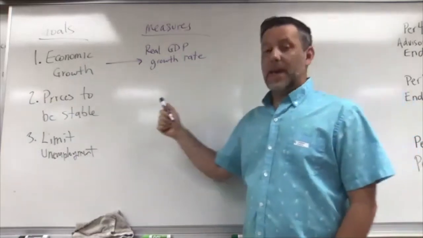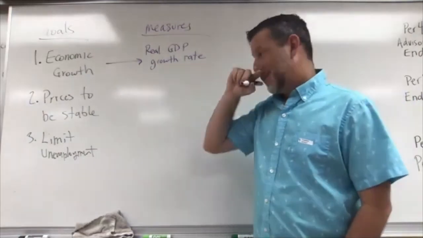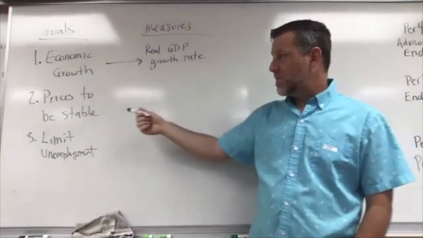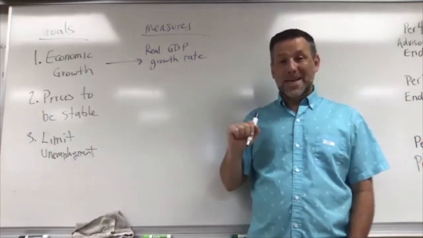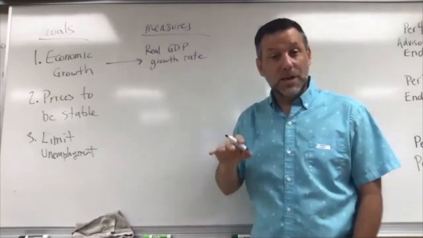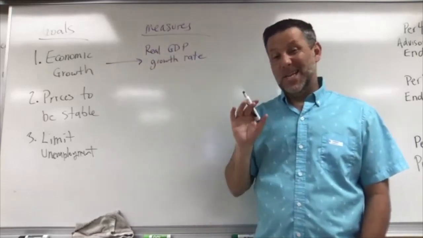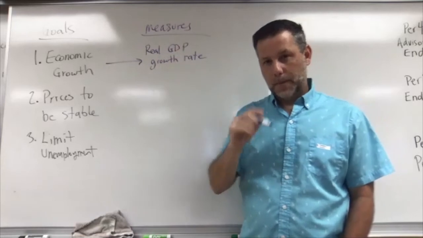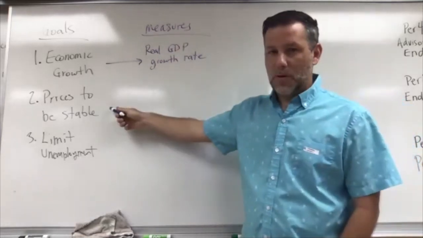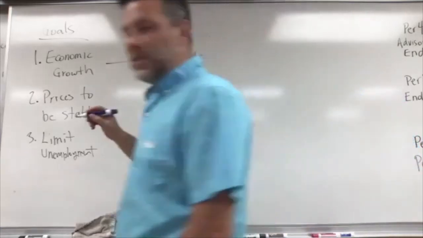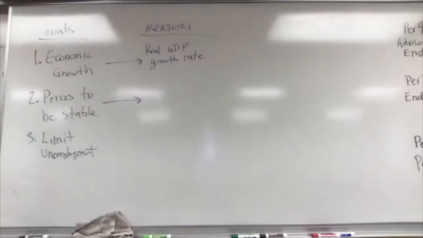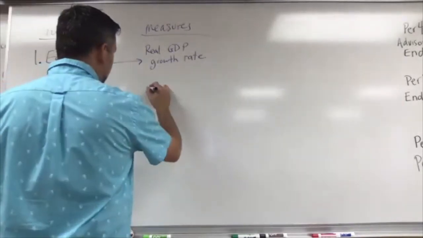The second thing we're going to use to measure our second goal, whether prices are stable, and also remember that the real in real GDP means that it's been adjusted for inflation. The second thing that I want to measure is whether my prices are stable. And to measure if prices are stable, we're going to use the inflation rate.